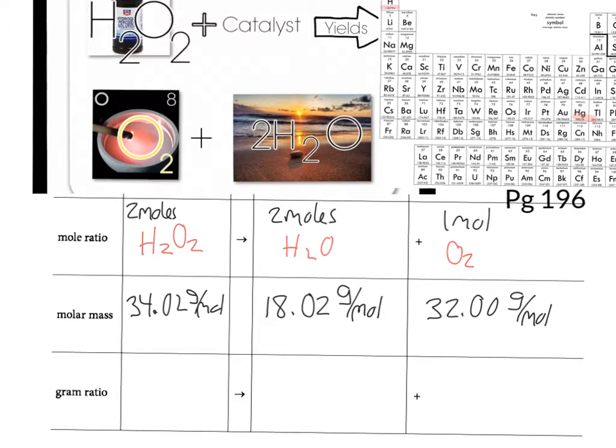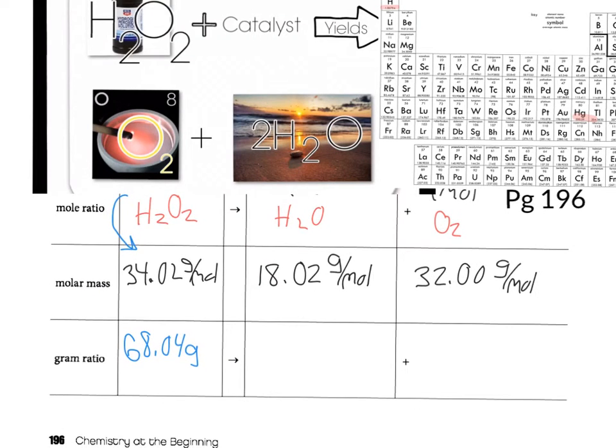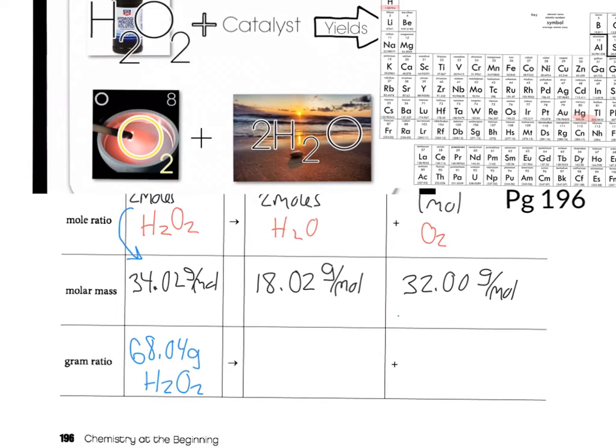So I'm going to take my 2 moles, multiply it by the 34, and that will give me 68.04 grams, and this of course is grams of H2O2, the dihydrogen dioxide or hydrogen peroxide, H2O2, and then the next one is 2 moles of H2O times 18.02, so I'm going to multiply this relationship, and that will give me 36.04 grams of H2O.